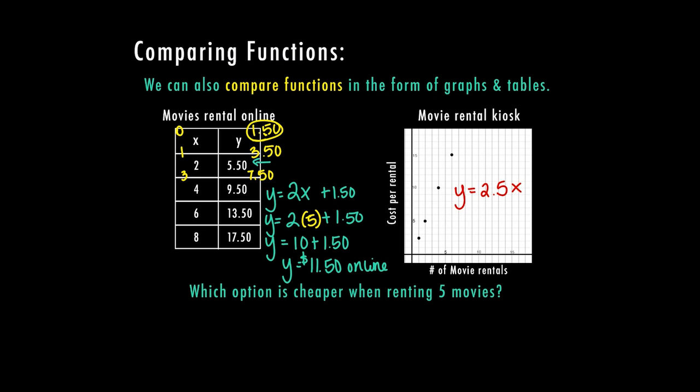And then if I look at my graph, I have a couple of ways I can work on the graph. I can go ahead and plug in 5 for x, and I know that 2.5 times 5 is $12.50.